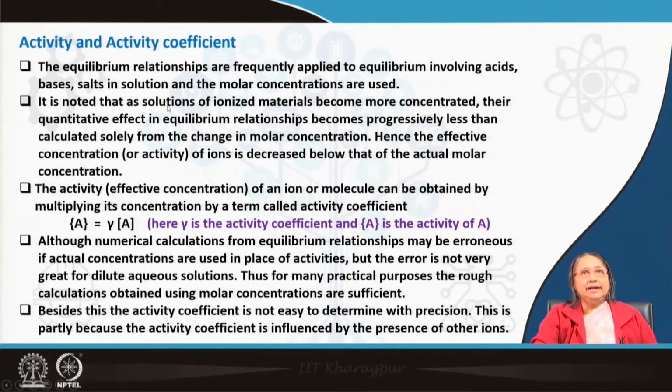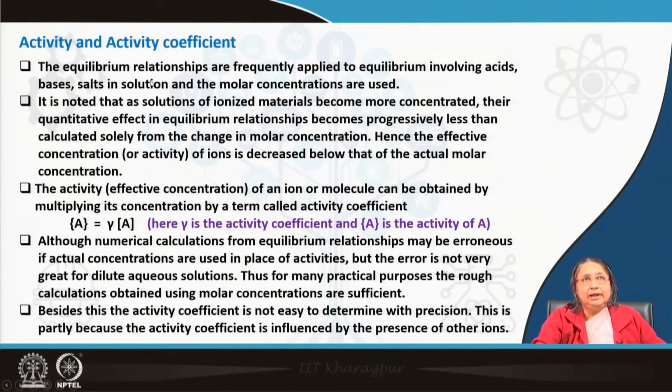Now, activity and activity coefficient are also very important for equilibrium relationships. It is expected that we use dilute solutions. When it is a dilute solution, we should express the concentration in moles per liter. But as the concentration is increased, that means not for very dilute solutions, then this activity term should come.